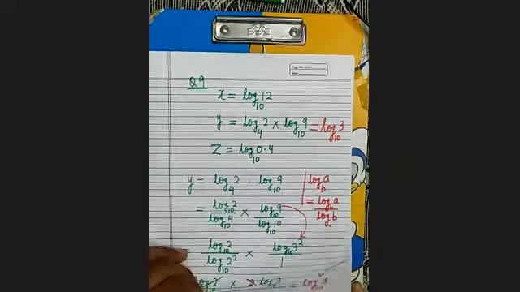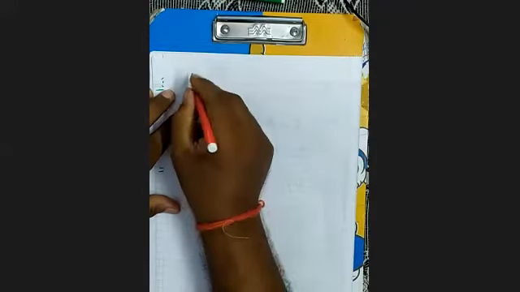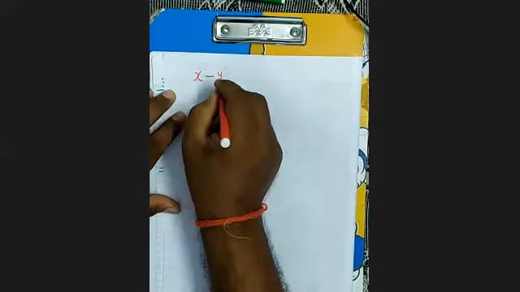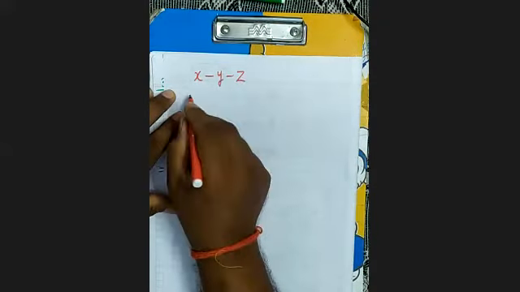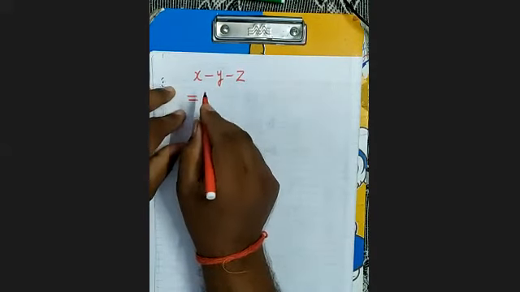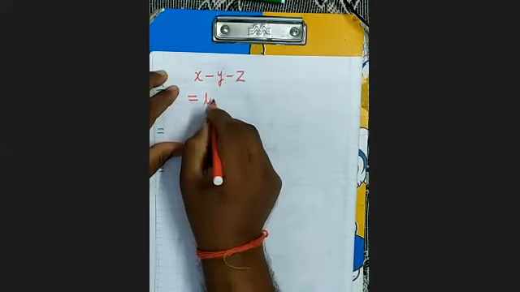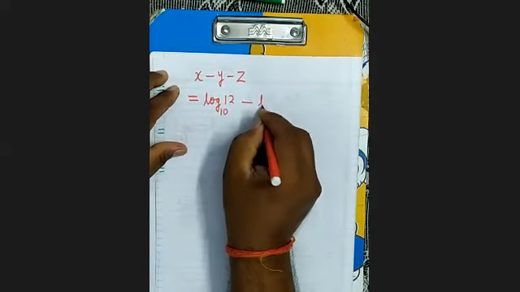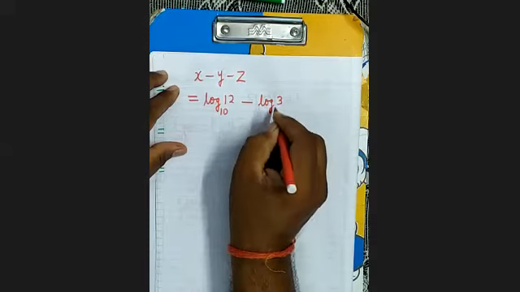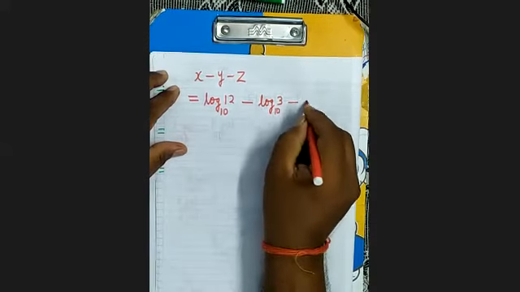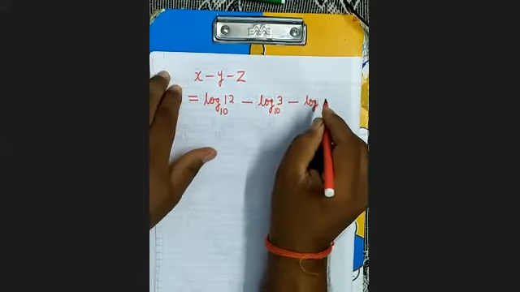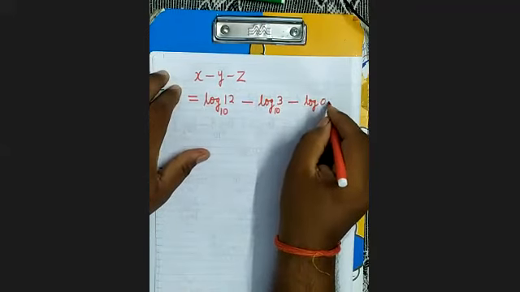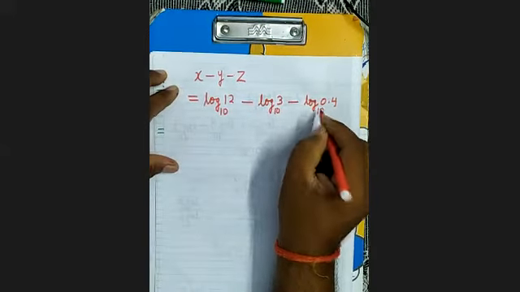First you have to find x minus y minus z. You find out this value. X की वैल्यू क्या दी है? Log 12 to the base 10. Y you have converted into log 3 to the base 10 and z is log 0.4 to the base 10.